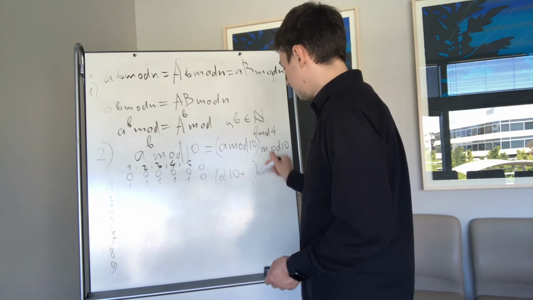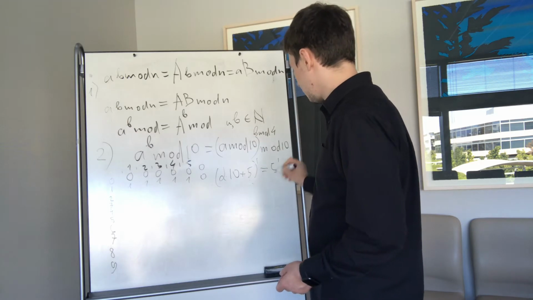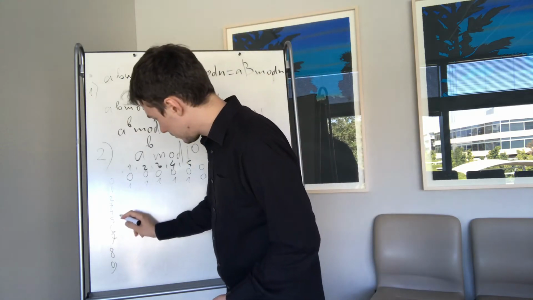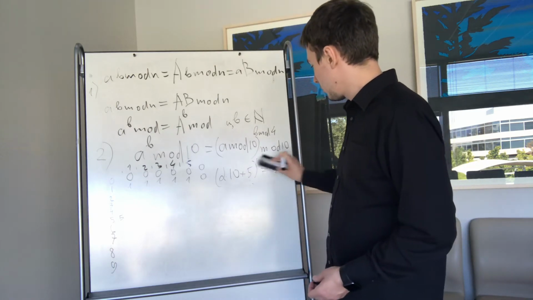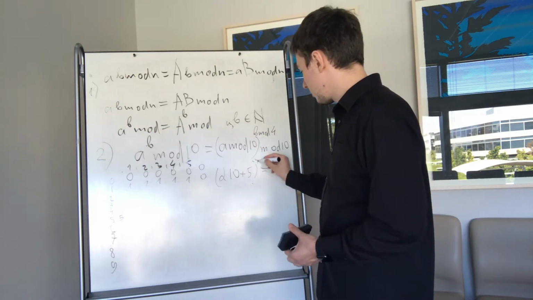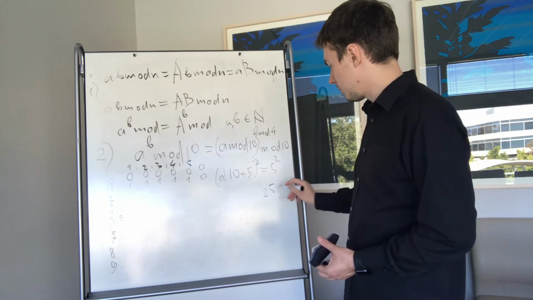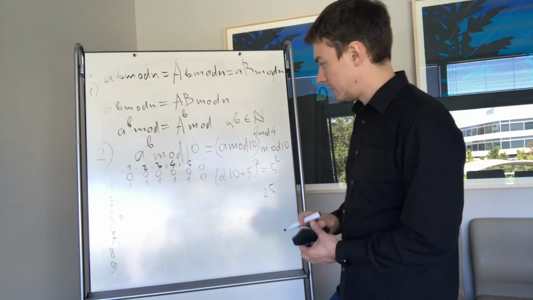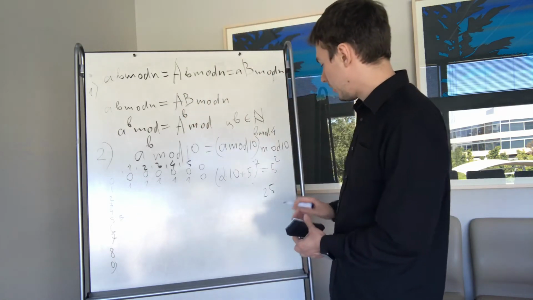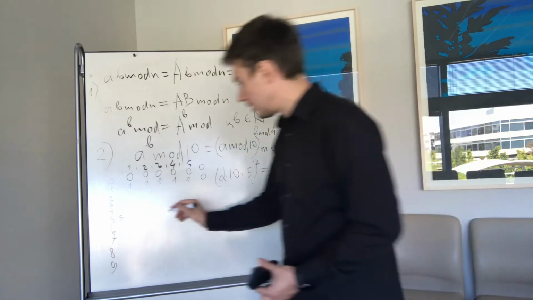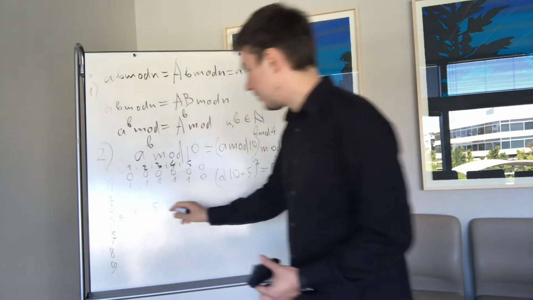Let's take 5. Power 1 is 5, of course. Power 2: five power 2 is 25. The last digit is 5 as well. Power 3 is 125, the last digit is 5 as well.